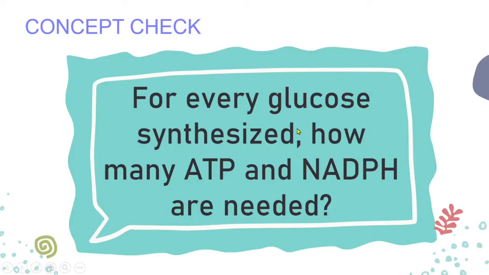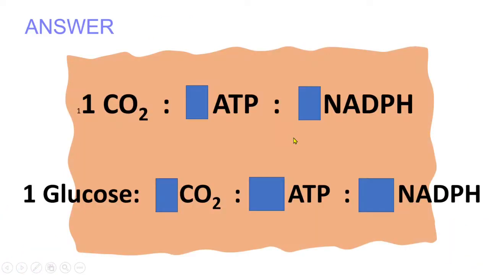Okay, how about this question? For every glucose synthesized, how many ATP and NADPH are needed? Now you have to first know how many carbon dioxide would be needed to produce the glucose. Take note that for you to produce the glucose, 6 cycles would be needed, or 6 carbon dioxide will be needed.